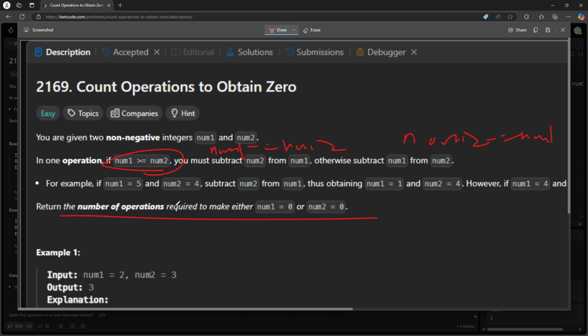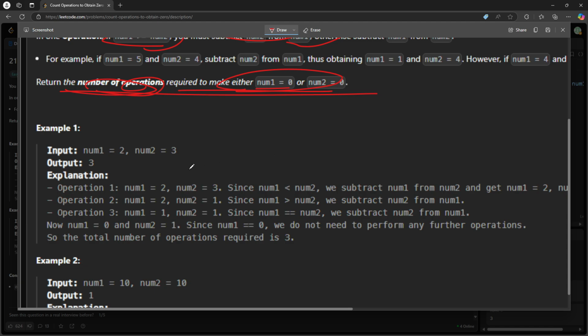So you want to return the number of operations required until either nums1 equals 0 or nums2 equals 0. When you do a subtraction, this value is decreasing, right? How you do it is straightforward, just using a while loop. If this is the breakout condition, what is the condition to continue?